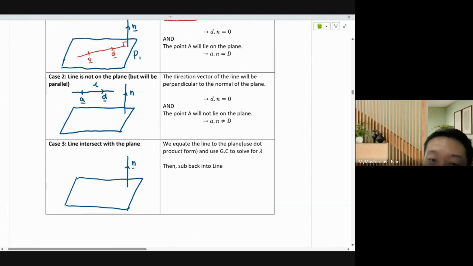Normal. Yes, the plane must always come with the normal. Now draw a line here. The point A does not necessarily lie on the plane. If you can observe that it lies on the plane, then good for you. A point plus a direction.